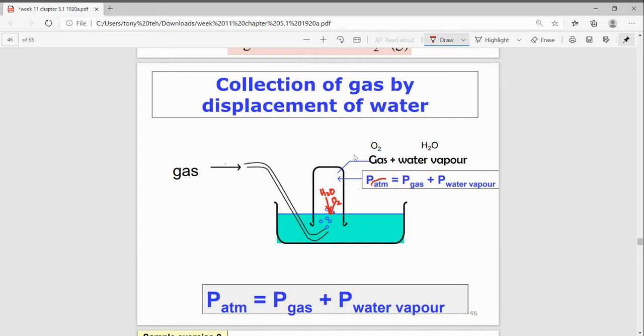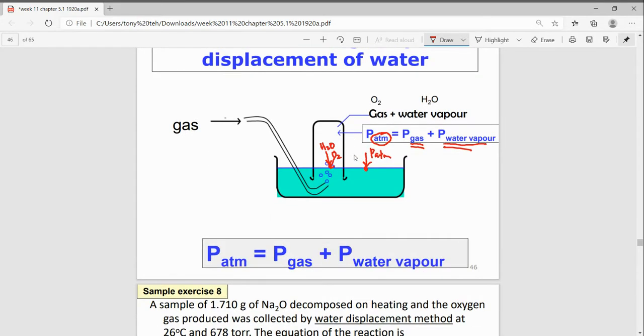Then why is it that we have ATM here? Because as we know from physics, if this is the same point at the same level, then the atmospheric pressure is the same as the total pressure exerted by gas and also water vapor. So here you can see they use atmospheric pressure.